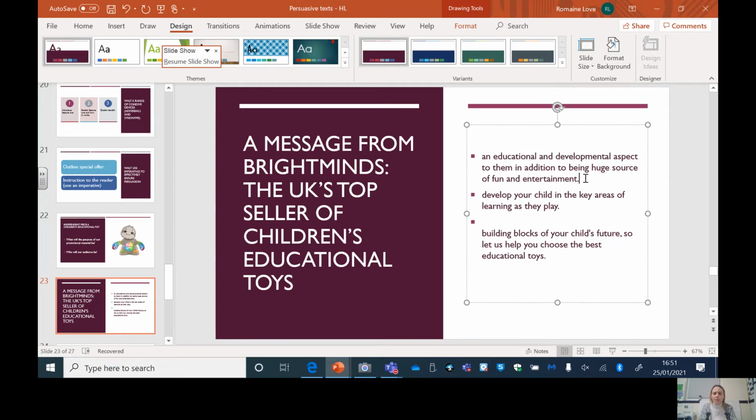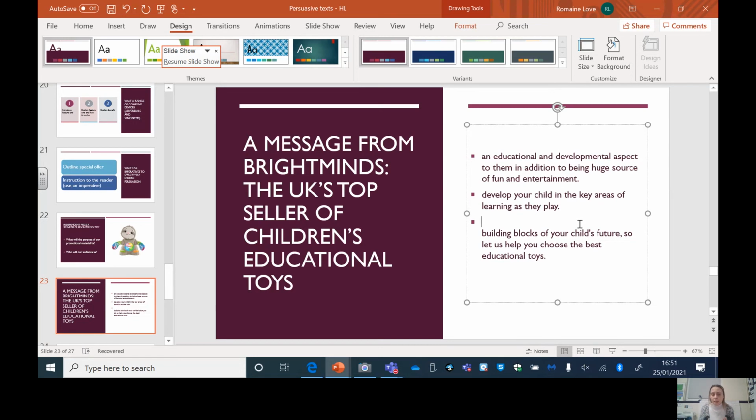But really importantly, they've said the toys must also be fun and entertaining. So really think about that when you're designing it. They said the toys should develop your child in the key areas of learning as they play. Now, the key areas of learning for children aged 3 and 4 are probably maths and English, because they provide the bedrock for them to learn everything else.